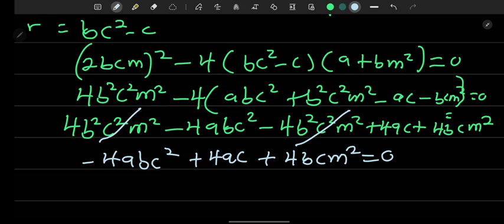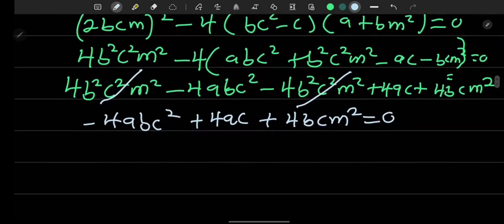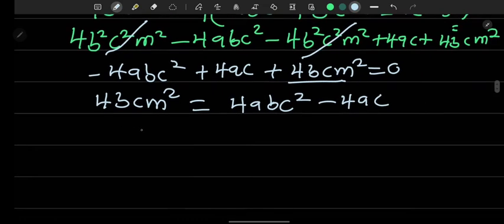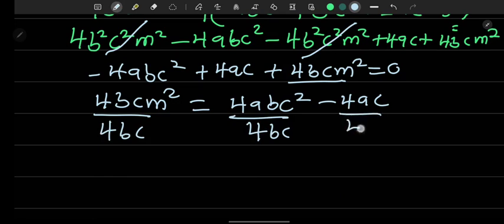We should not forget what we are trying to prove. We need to make m squared the subject. When you look at this, we have 3 terms, and this is the only term with m squared. So you take the remaining 2 terms to the other side, so that we have 4bcm squared equals 4abc squared minus 4ac. Then you can divide both sides by 4bc. So we are left with m squared.